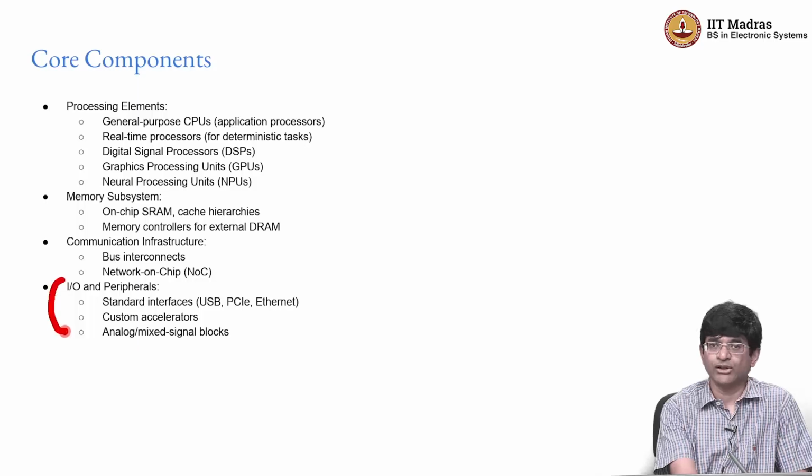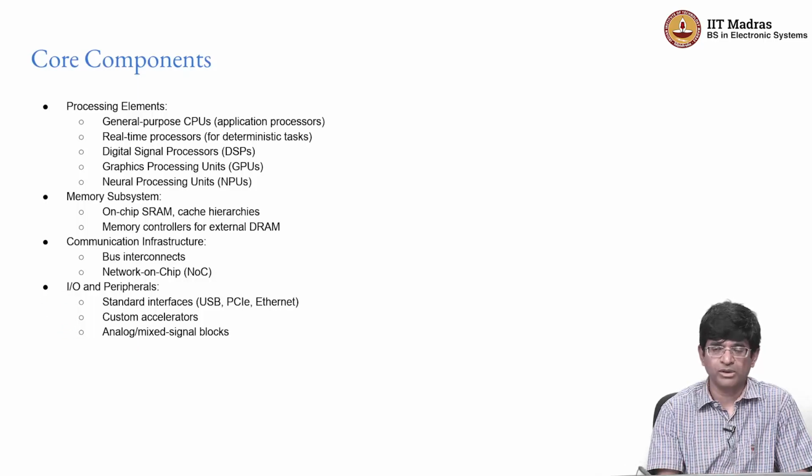And of course, you finally need to talk to the outside world, which means you need I/O and peripherals of various kinds, including USB, Ethernet, and PCI Express for integrating with high-speed peripherals and so on.